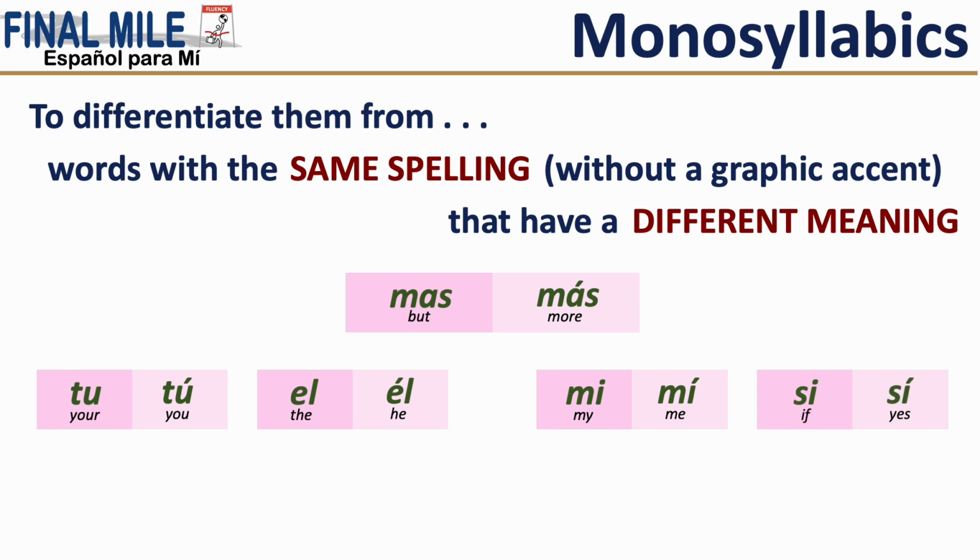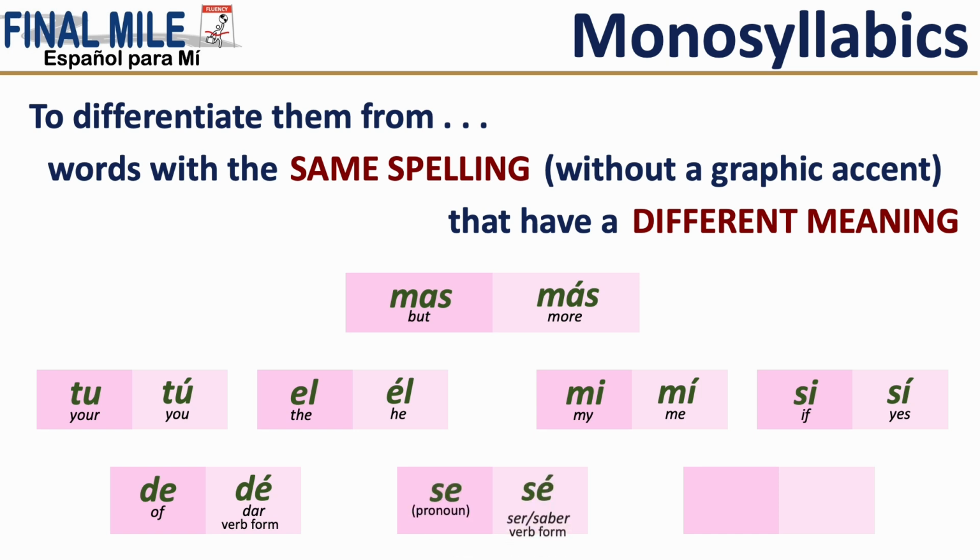This is a very common one. If you mean yes, you put an accent on it. If you mean if, you don't put an accent on it. And there are 3 more. The preposition de without an accent, and dé with an accent is a verb form of the verb dar, to give. You don't need to memorize these meanings now, okay? That's not the point for this lesson.